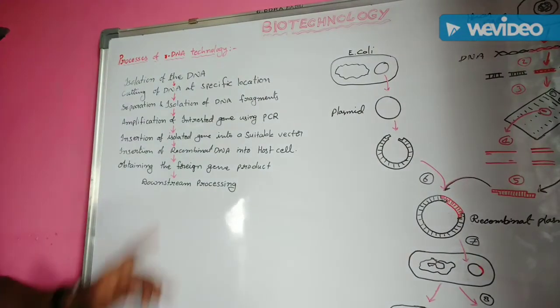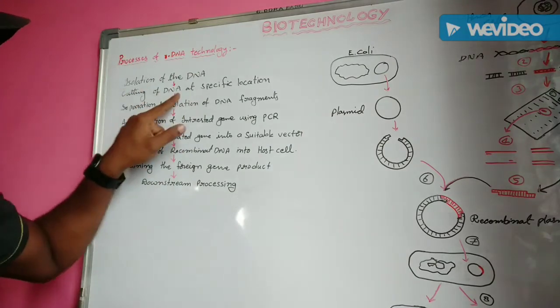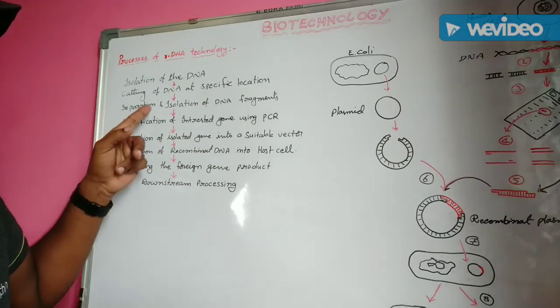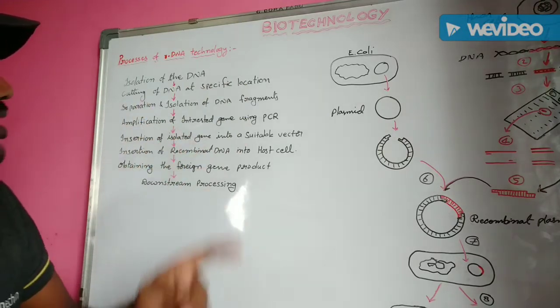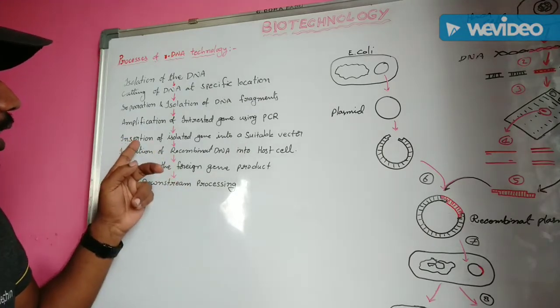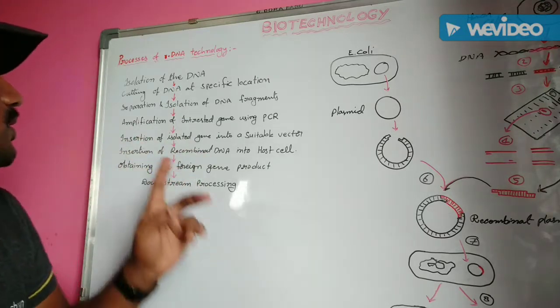The first one, isolation of the DNA. The second one, cutting DNA at a specific location. Third, separation and isolation of the DNA fragment, and amplification of the inserted gene using the PCR process, and insertion of the isolated gene into a suitable vector, this means plasmid.